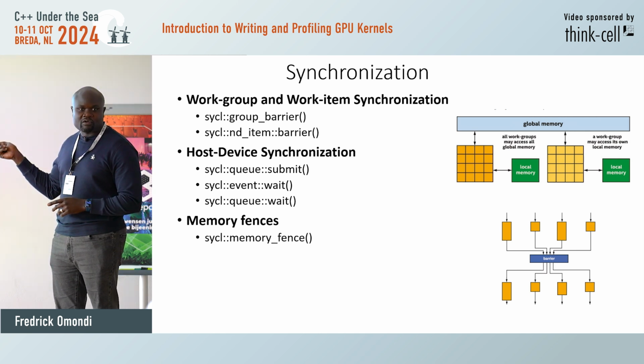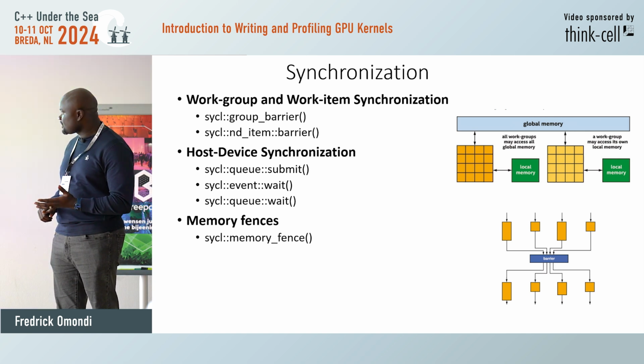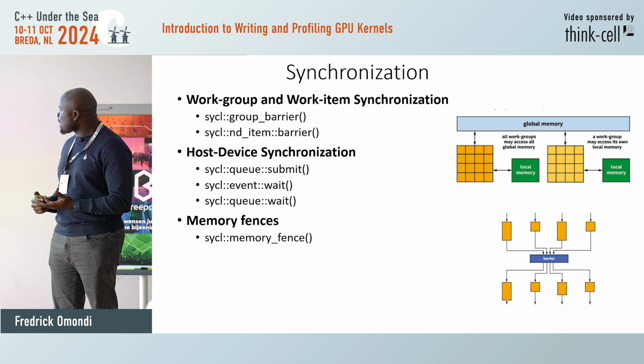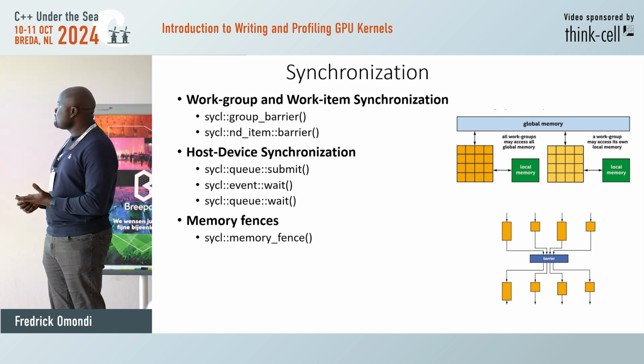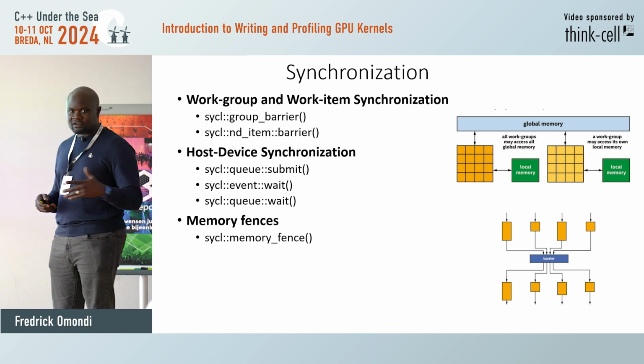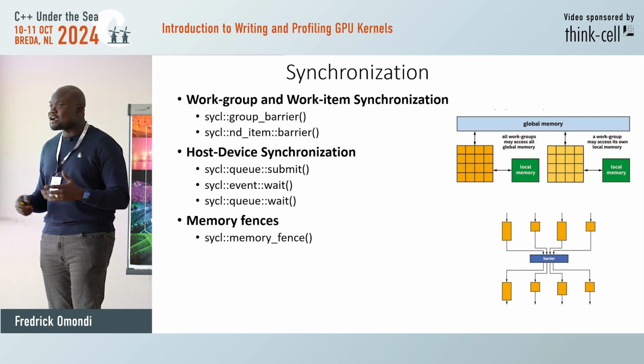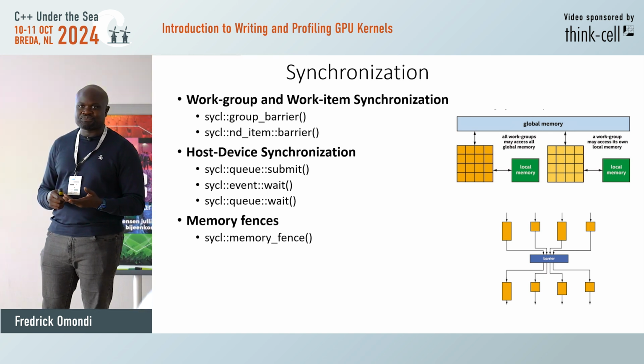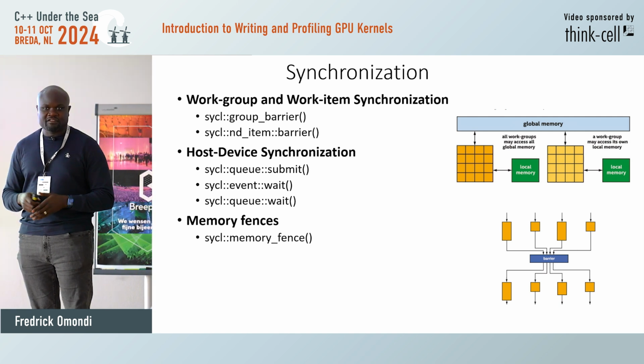So this requires some sort of sanitization in terms of memory accesses, in terms of synchronizing how these items are executed. So there are three different ways SYCL provides synchronization. First is host to device synchronization.